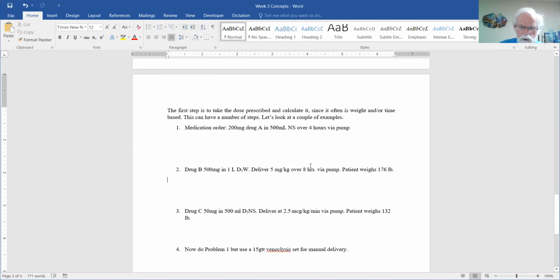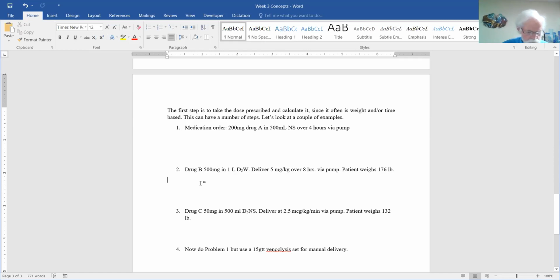So we have a couple of things. We're dosing by weight, so there's a couple of principles here. First off, we're dealing with dosing at 5 milligrams a kilo, and we have a patient who weighs 176 pounds.